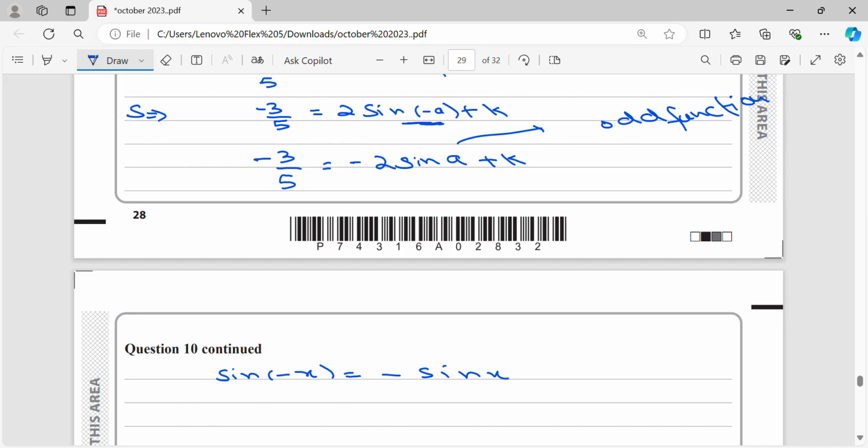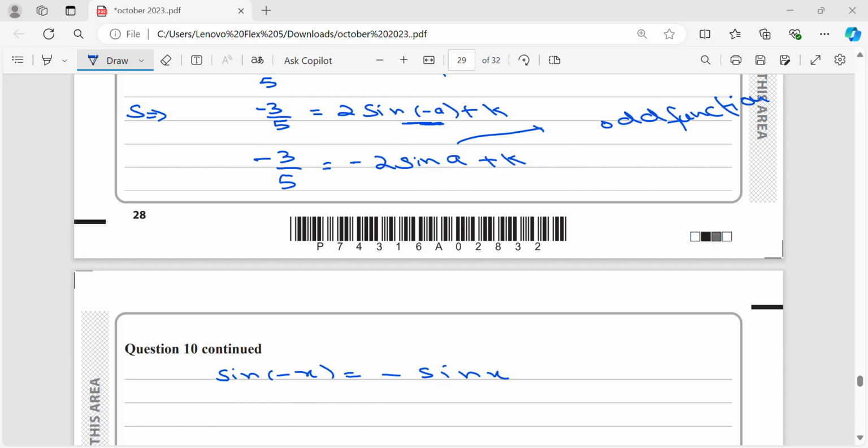If you want to understand more through graphs, let's go to the sine graph. This is the sine graph, and if you look at any angle somewhere here, that will give you a negative.